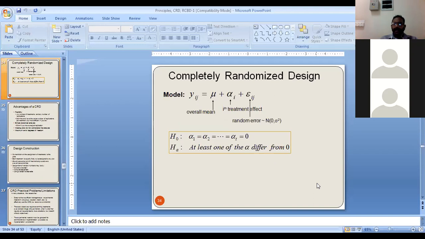Yij, right? We mentioned the units or the digits.